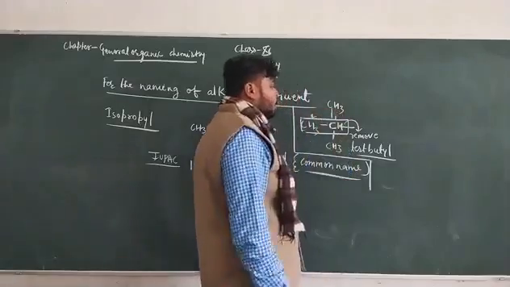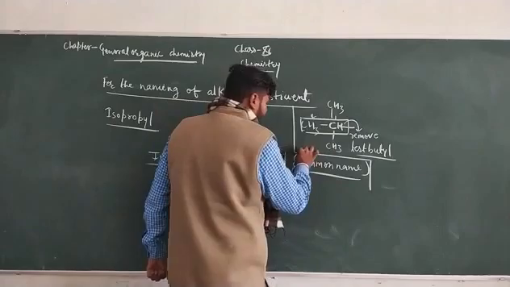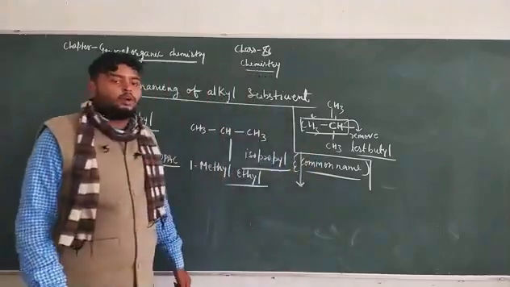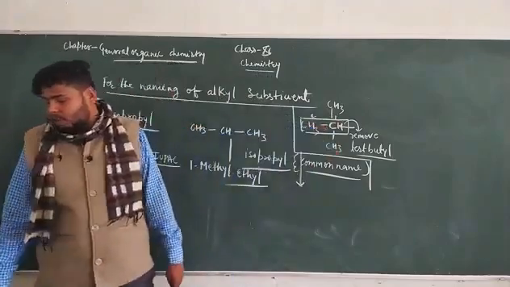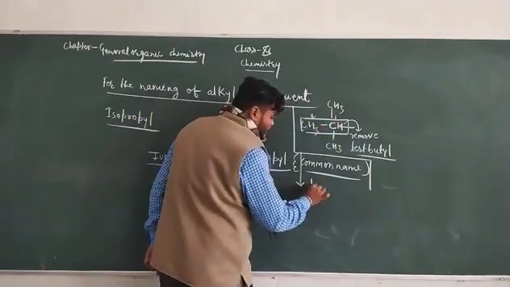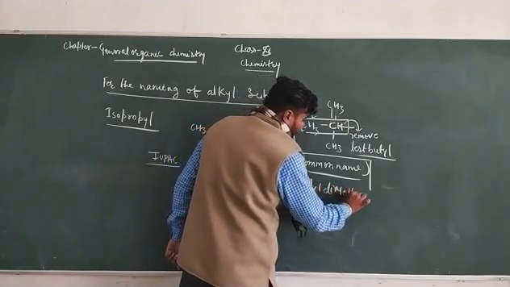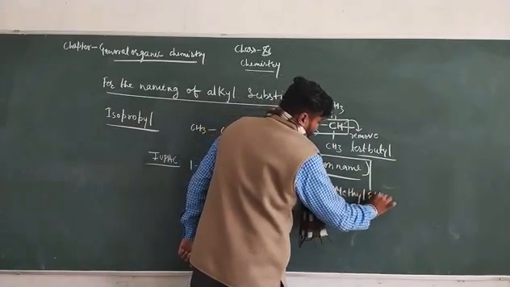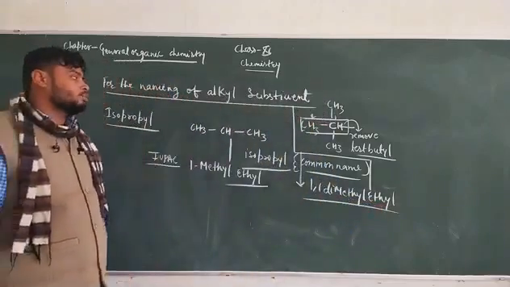For the naming of this compound, you have to change the position of the methyls here. You have to write 1,1-dimethylethyl. So this is the configuration in terms of alkyl substituent.